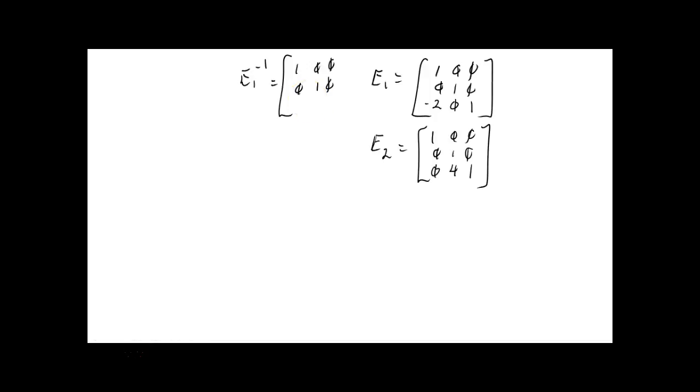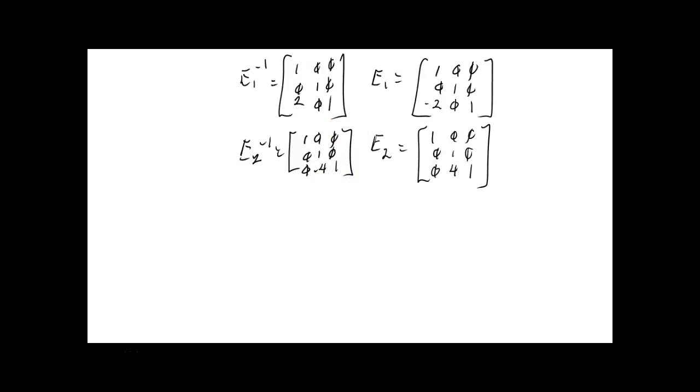Going back to the inverse of an elementary matrix, it'd be negative 1/2, or no? No, it stays the same number but changes sign. It's 2. So it becomes 2, 0, 1, and E2 inverse becomes 1, 0, 0, 0, 1, 0, 0, negative 4, 1.